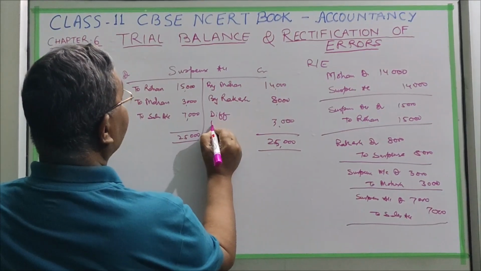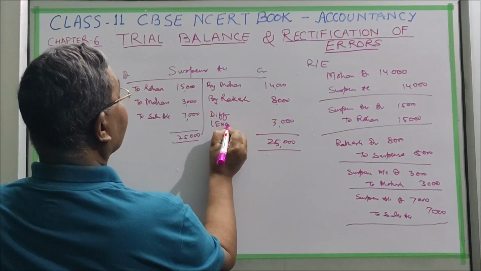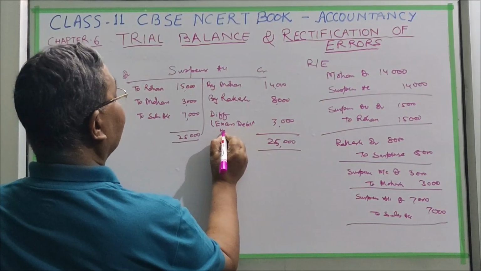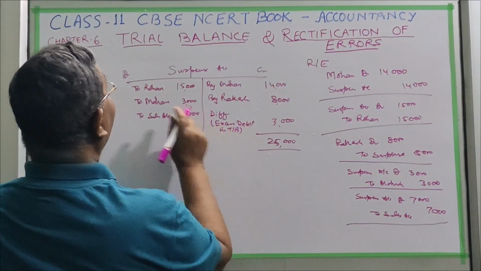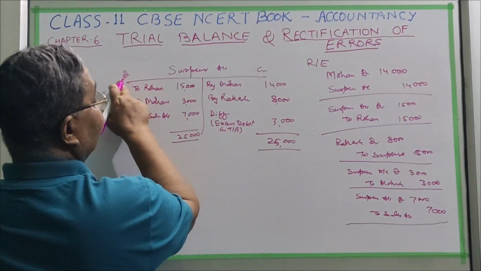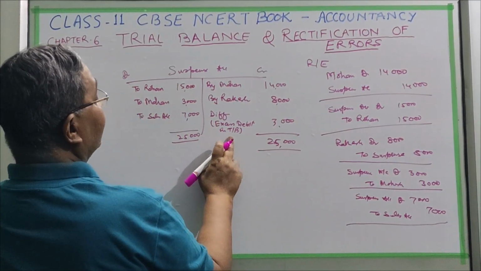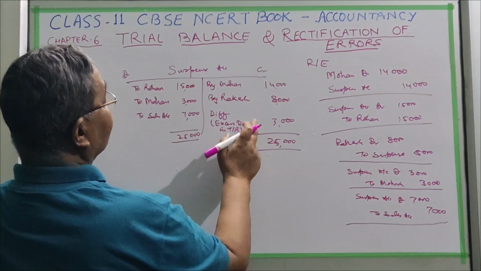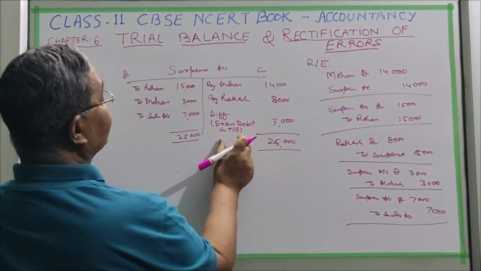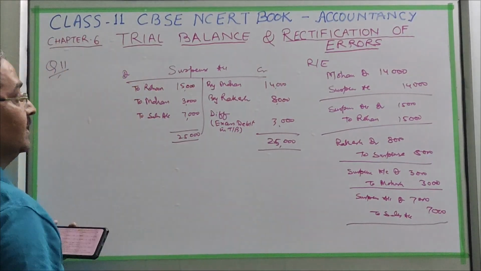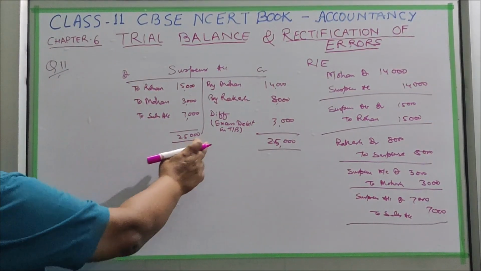This difference means excess debit. Debit in trial balance is showing excess. Debit side is excess. So the difference is showing excess in the debit side of the trial balance. Okay. So in this way, it helps us to locate the error also.